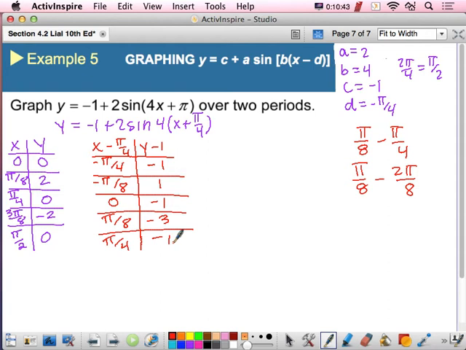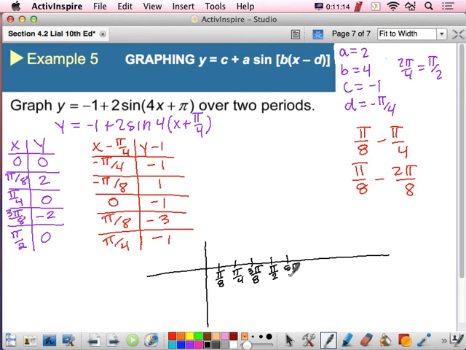I know, I'm excited about it too. The good news is we don't need any positive y values, so I'm just going to kind of build it. Oh, we do. We need to go to +1, don't we? Okay. All right, we'll do it like right here. Let's put on 0, positive pi over 8, 2 pi over 8, 3 pi over 8, 4 pi over 8, 5 pi over 8.